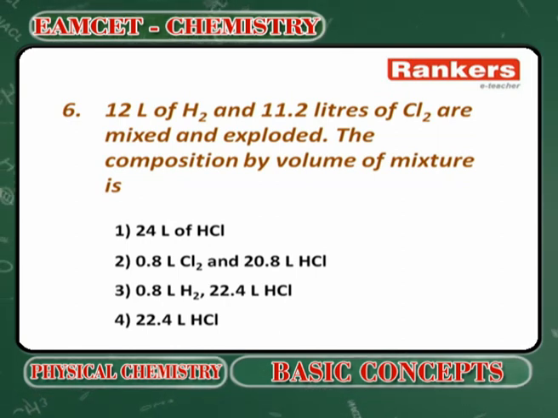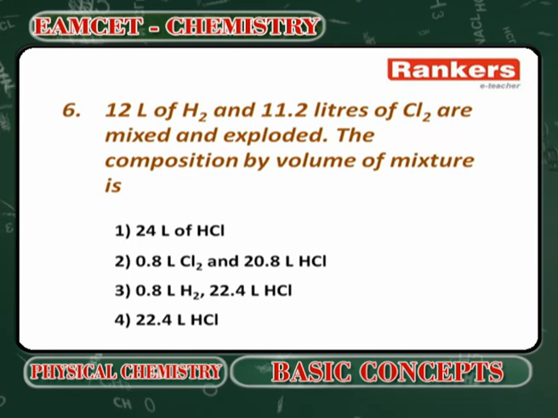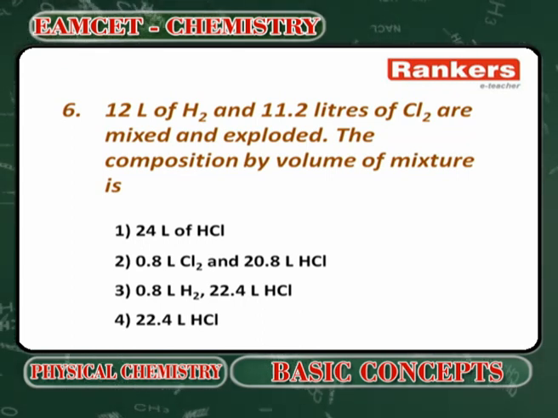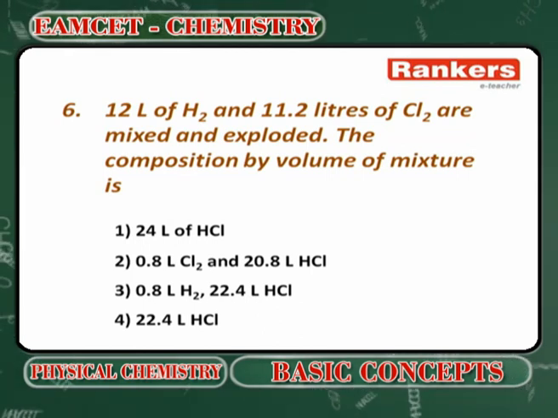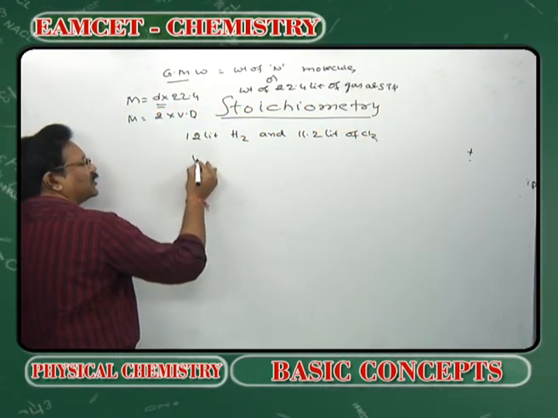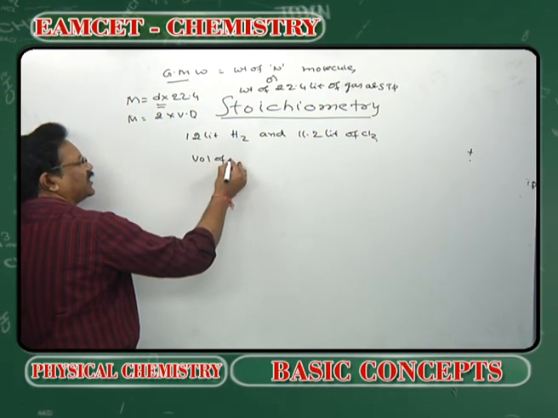Now 12 liters of hydrogen and 11.2 liters of chlorine are mixed and exploded. What will be the composition of the reaction mixture? How do you get the volume of the mixture after the reaction?